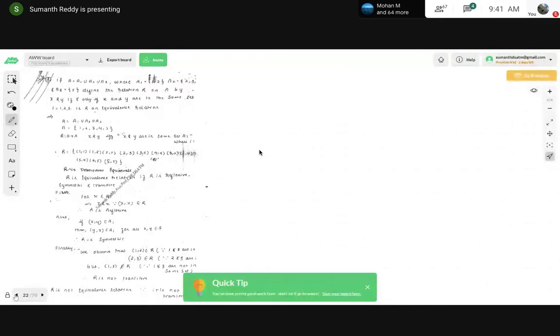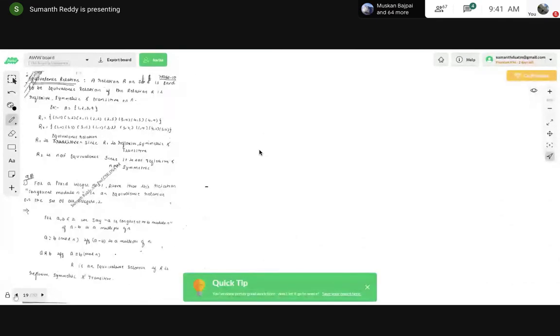So now let us solve problems of this kind in the equivalence relation. See, in the equivalence relation, either he can ask a problem related to the equivalence class or the partition. And I have taught you both, right?